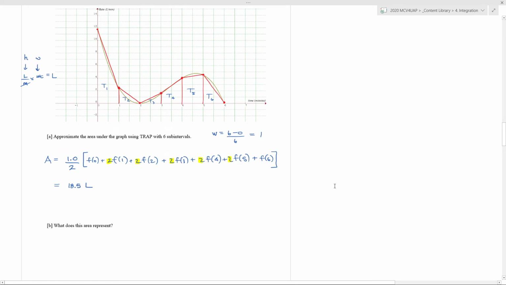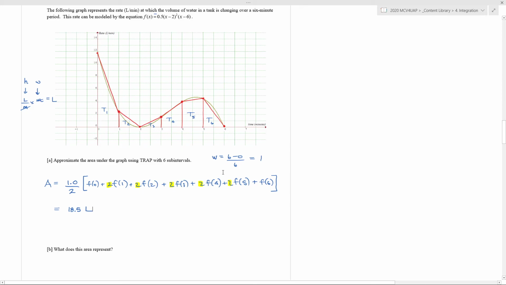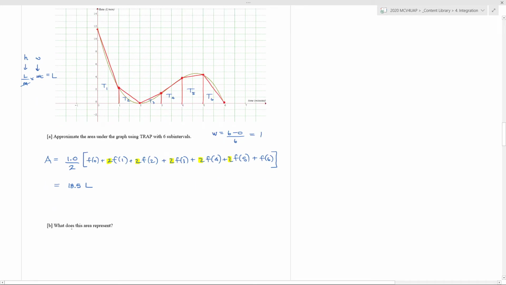So what does that represent? What it means is that 18.5 liters of, what is this, water, have been added to the tank over the 6-minute interval.